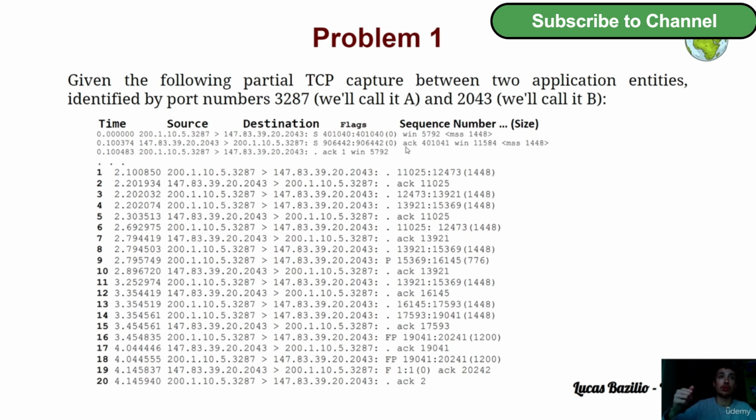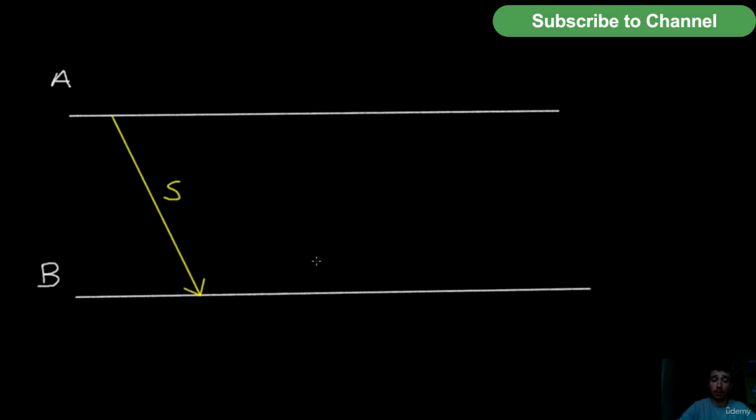The acknowledge is to confirm to application A, the client, that it can send information to application B, the server. But we also want to be able to send information from the server to the client. That's why we also need to send the synchronization flag. This is the second packet: from the server, application B, we send the acknowledge and also the synchronization, both.